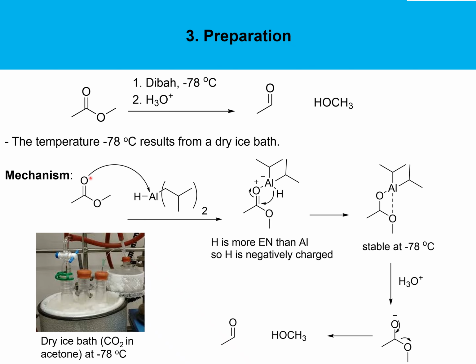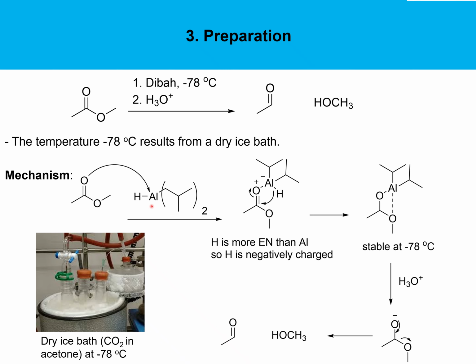The reason why this carbonyl attacks the aluminum is because aluminum is a Lewis acid. Anytime you have aluminum or boron with three groups surrounding it, you have a Lewis acid. If an aluminum atom has three groups, that means it has 6 valence shell electrons around it, and so it wants to pick up 2 more electrons to have a full octet.